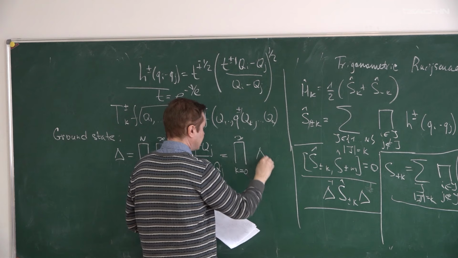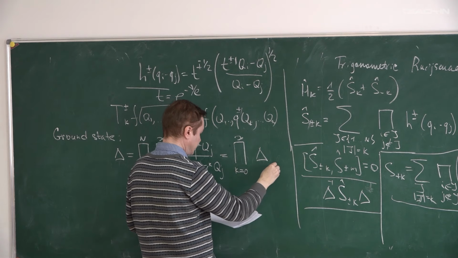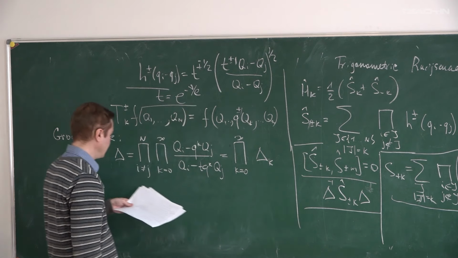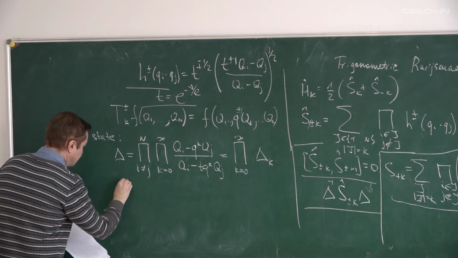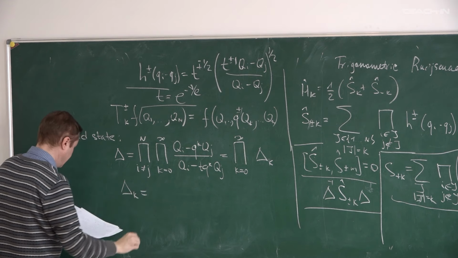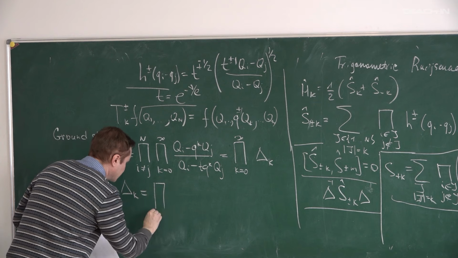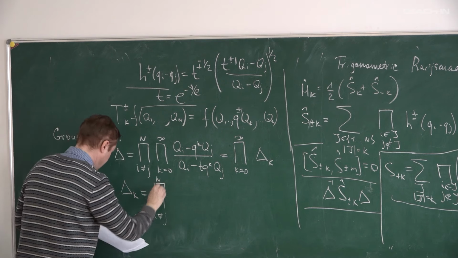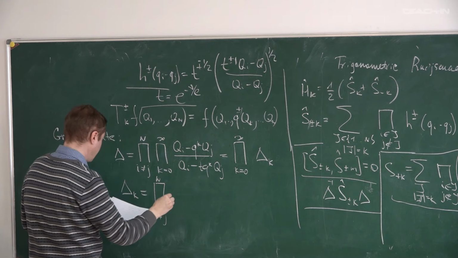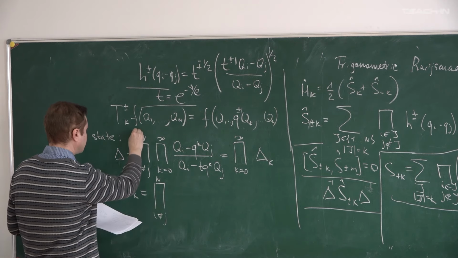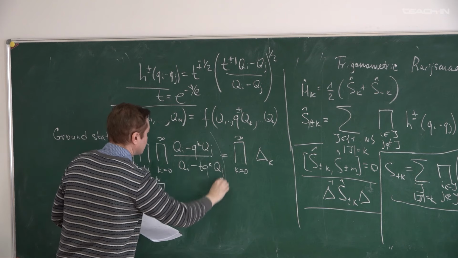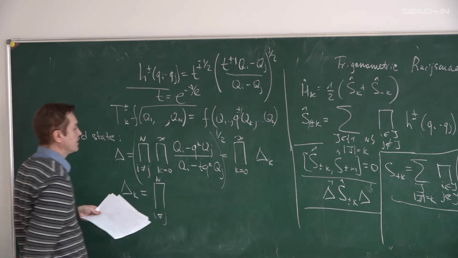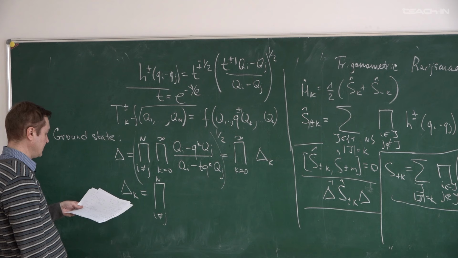We write it like an infinite product of delta k, where delta k is just a Vandermonde type product. I'm sorry, all this should be also in the 1/2 power.